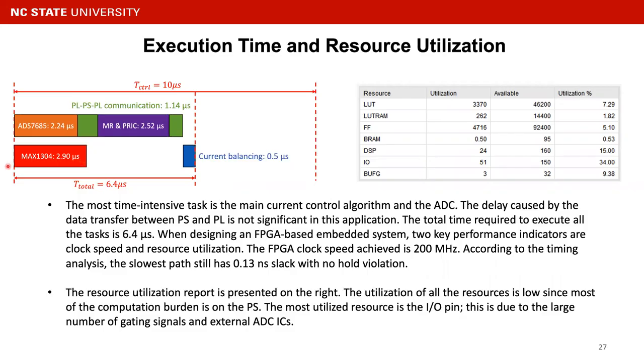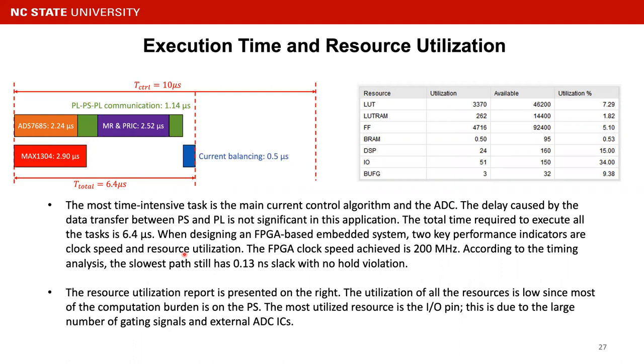Since the ADC results of the subphase currents won't be needed until near the end of our control period, we can put those two ADC conversions in parallel with each other to save significant execution time.